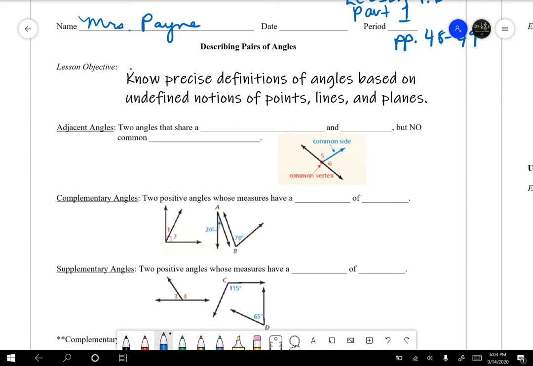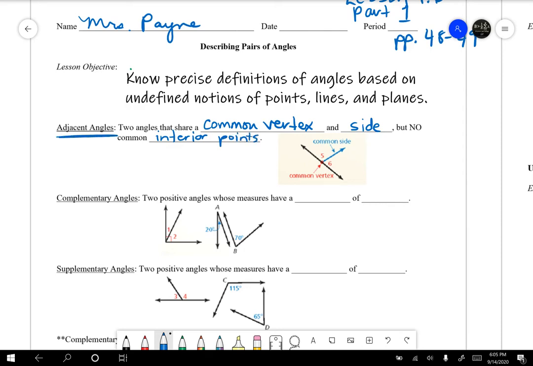We're going to talk about the word adjacent. An adjacent angle is two angles that share a common vertex and side, but no common interior points.